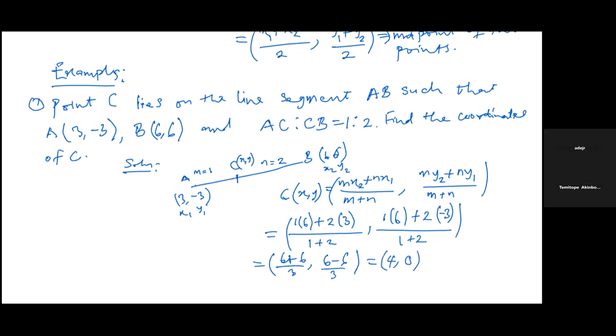So the coordinate of C is (4, 0). So for the line divided in the ratio 1 to 2, with coordinates of A and B being what they are, the point where the line has been divided is (4, 0).